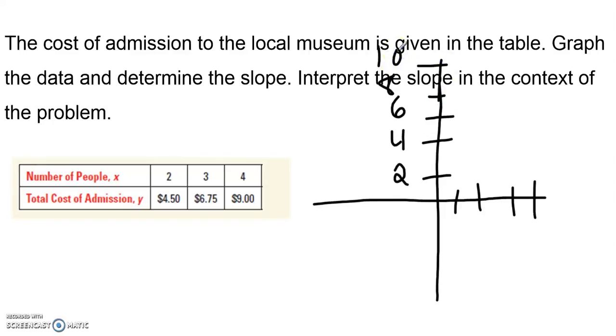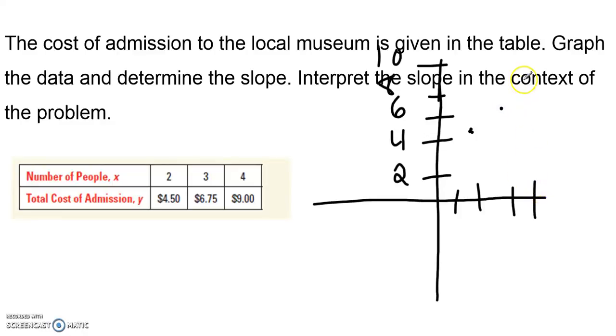Okay, and then for 2 people, it's like here. Okay, and then for 3 people, we have, I don't know, like right here.